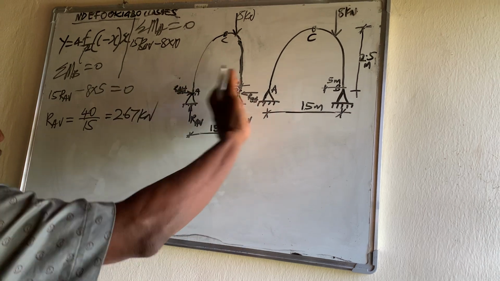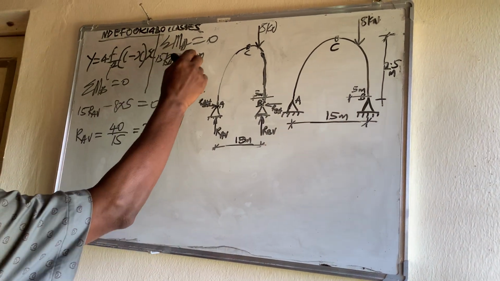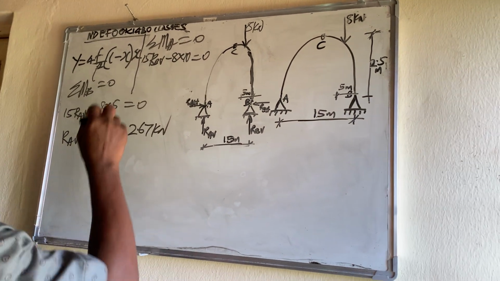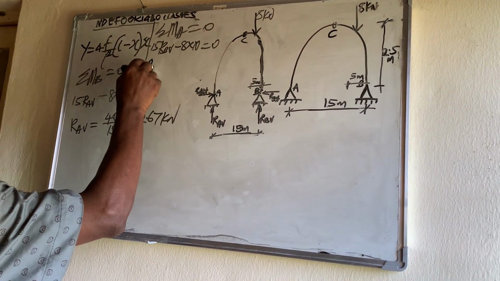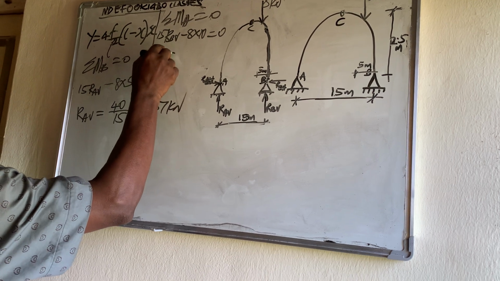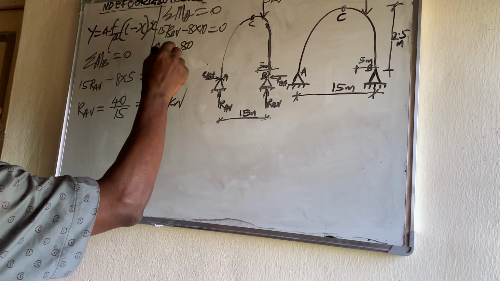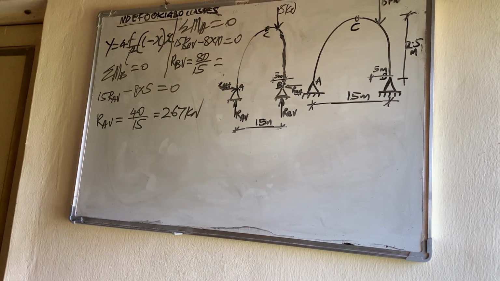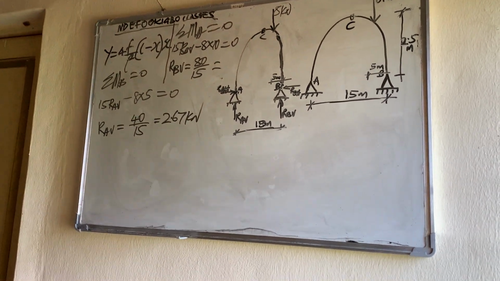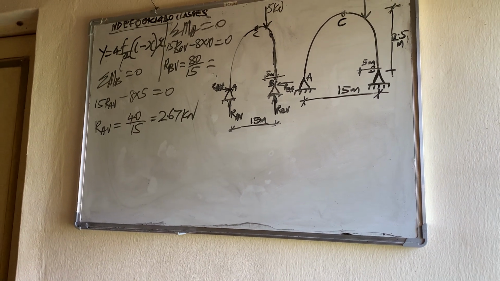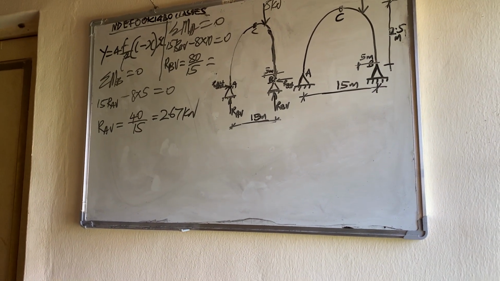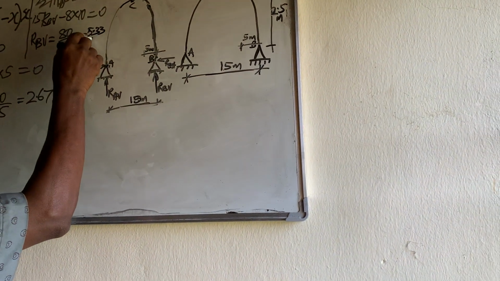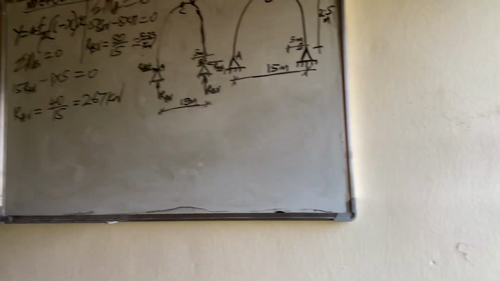The whole distance is 15 and this part is 5, so that is 10. So 8 times 10 is equal to 0, since there's no other load that will generate moment. R_B vertical is 80 over 15, which is 5.33 kilonewtons. That is R_B.